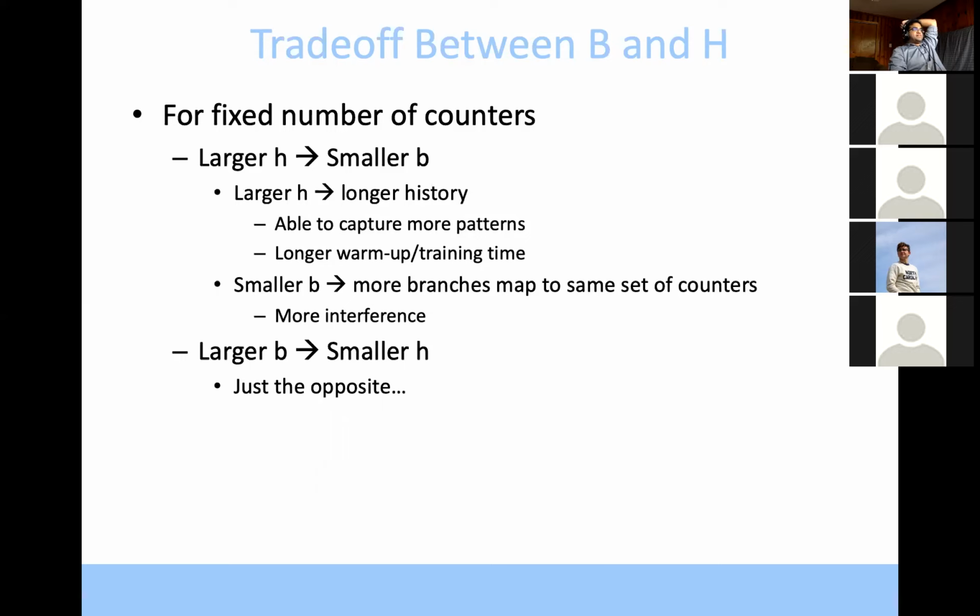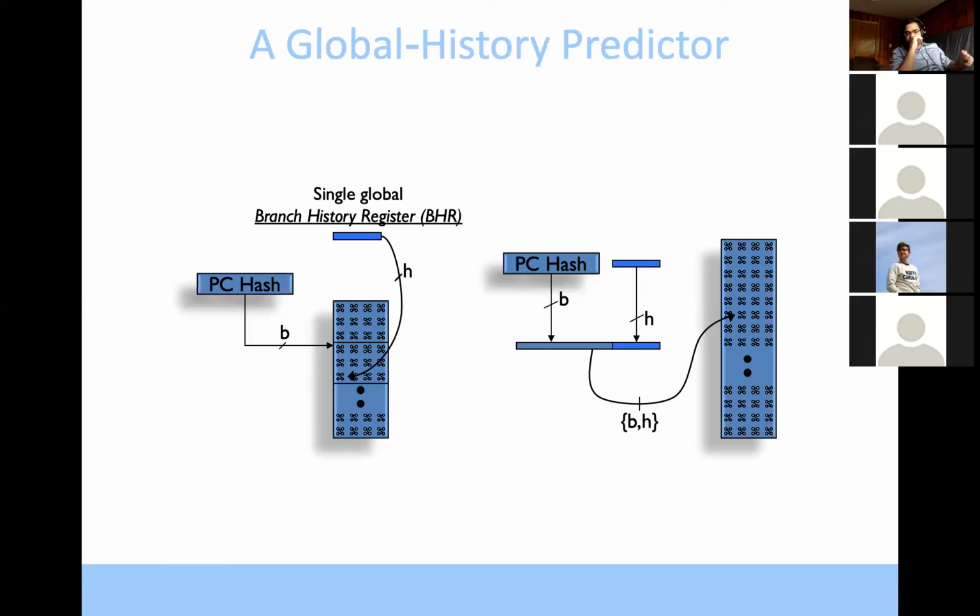But if you have smaller B, you have more branches mapping to the same set of counters, so you have more interference. Larger B, smaller H, just the opposite. You have shorter history, but you have less interference, if that makes sense.